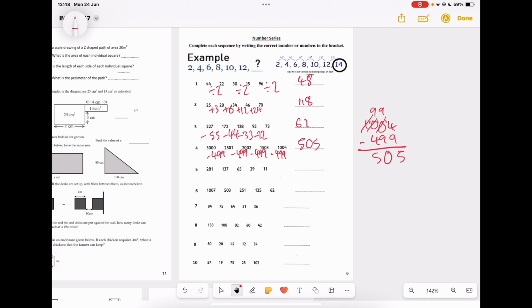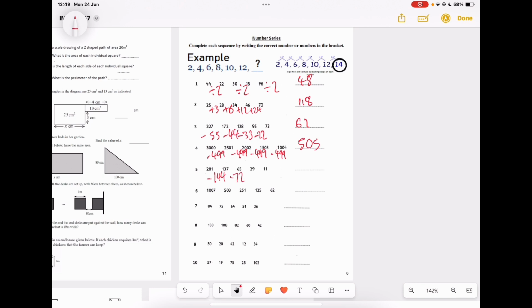Then 281 and 137. So that is going to be a subtraction. 281 minus 137 is a subtraction of 144. 137 to 65 is a subtraction of 72.